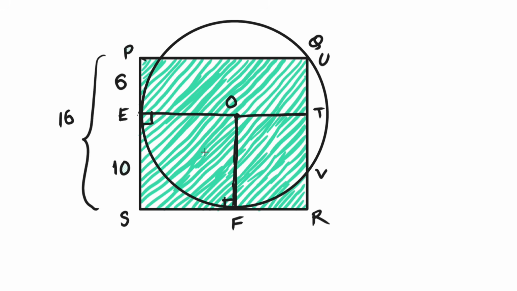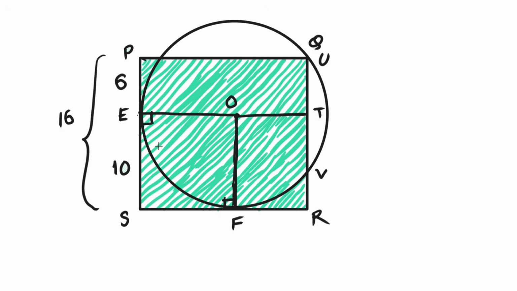Now let's put these facts together. We have the 4-sided figure SEOF. The angle at E is 90 degrees, and the angle at F is 90 degrees. Also, SE is 10 units because ES was given as 10. And because OE and OF are both radii, they are equal. In fact, the geometry here tells us that this little region, SEOF, forms a square.